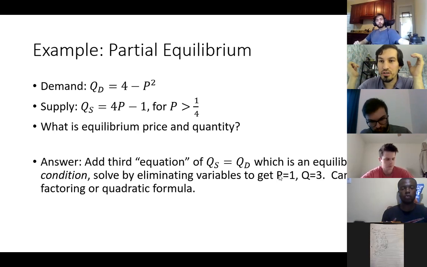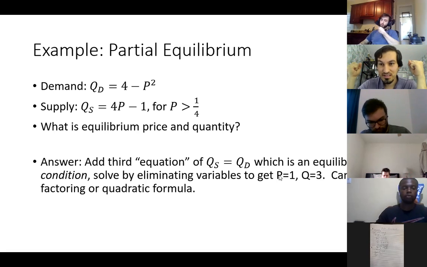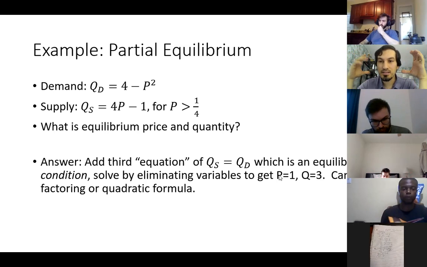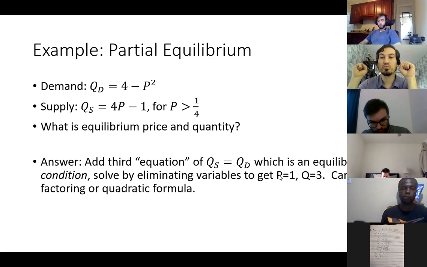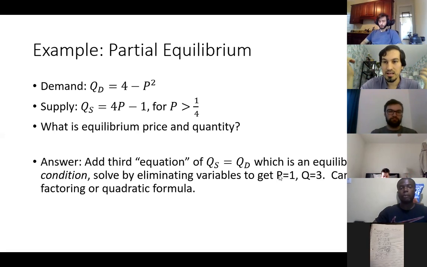Let's say I was a jerk and I gave you 4 equations and 4 unknown variables. That's a lot to work with. But this same concept of eliminating variables one by one until you get it down to one equation and one unknown, that's one method for solving an economic model.